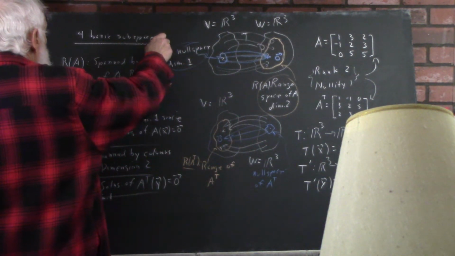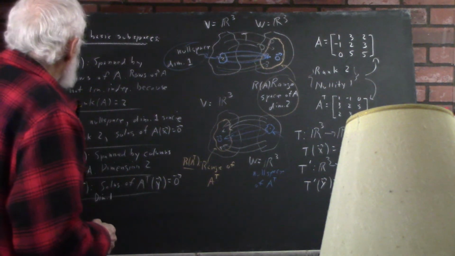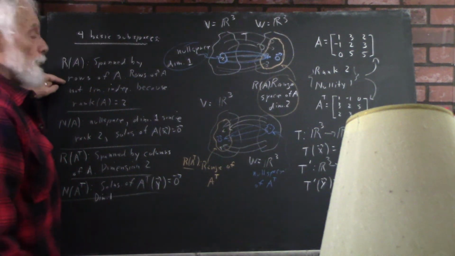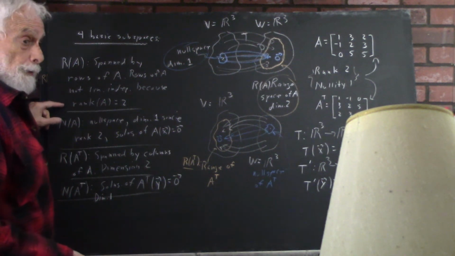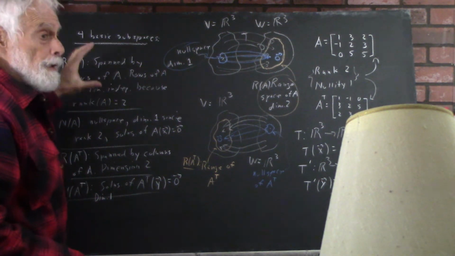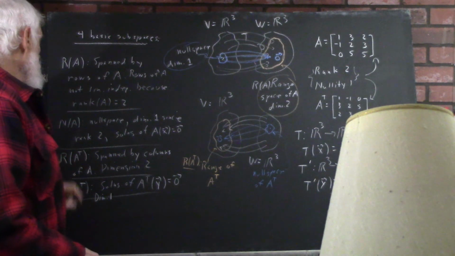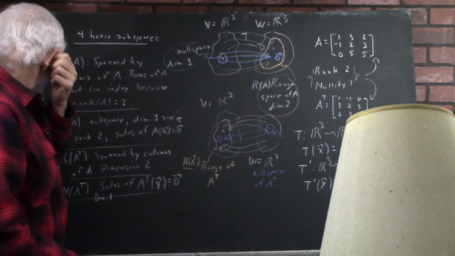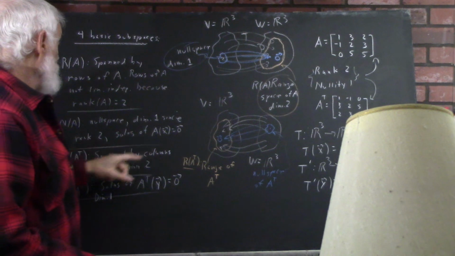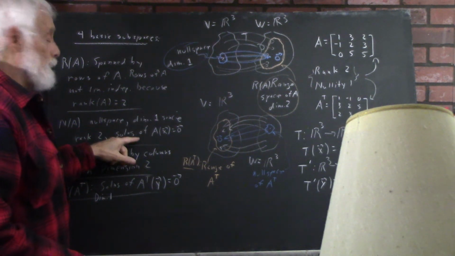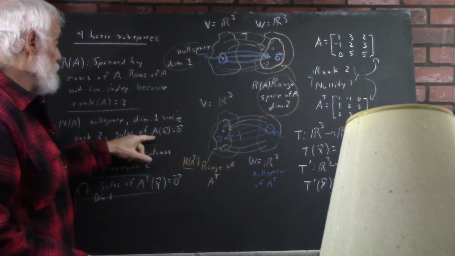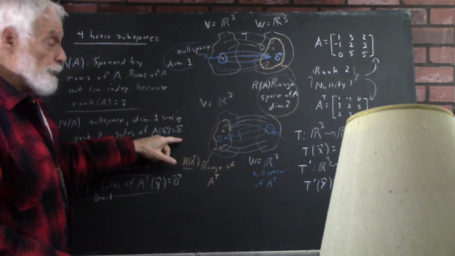R of A is spanned by the rows of A, as I just indicated. The rows of A are not linearly independent, the rank is 2, but they span this subspace. The null space of A is the dimension 1 subspace, and it's the set of solutions of the matrix equation AX equals 0.